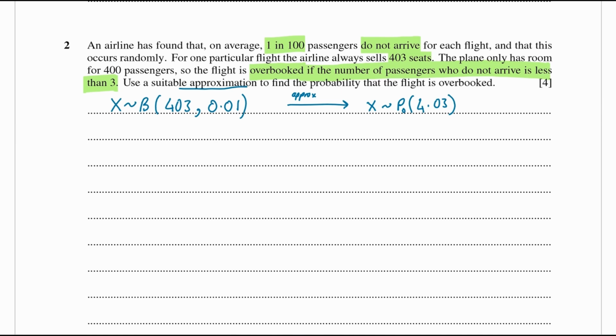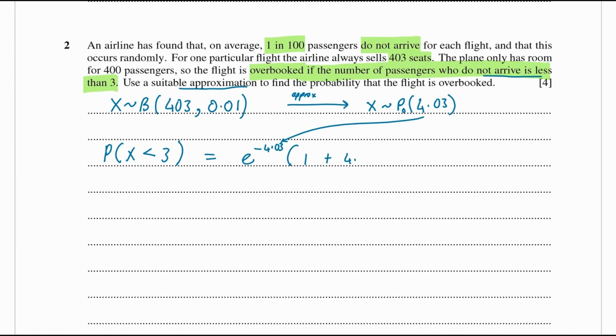The flight is overbooked if the number of passengers who do not arrive is less than 3. In other words, the probability that X is less than 3. With Poisson, we're going to go e to the negative 4.03, because that's our lambda, then multiply by 1, that's the probability of 0 missing the flight.